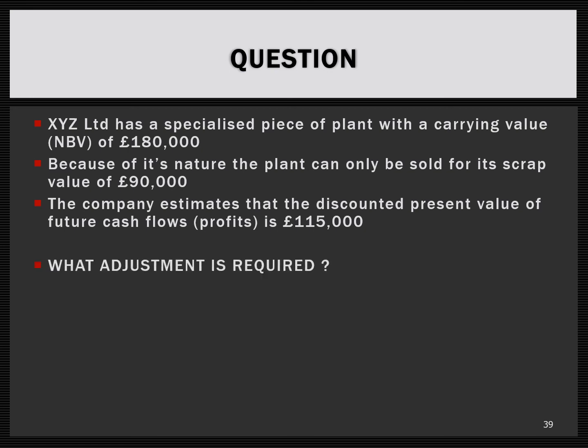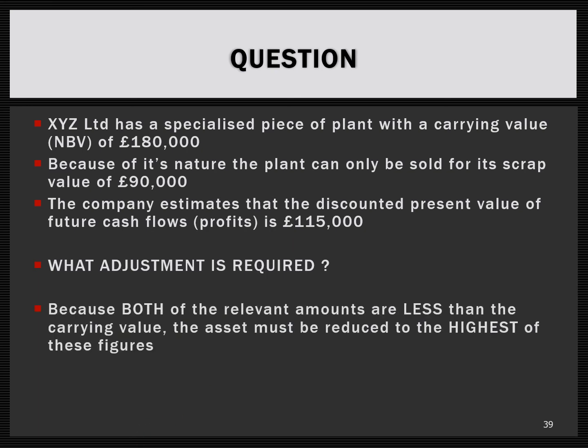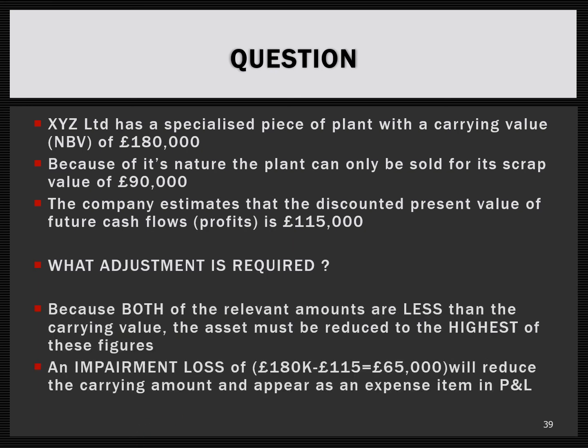In this case, the adjustment needs to be a reduction in the value of the asset from 180,000 down to a figure that represents the maximum future benefit that we can get, and the maximum future benefit's 115,000. So we need to reduce the value of the asset in the balance sheet by 65,000.